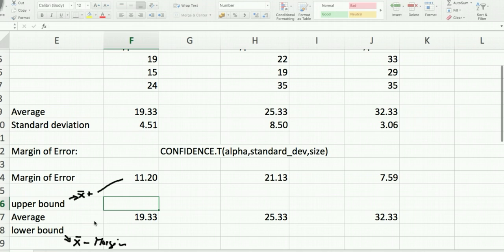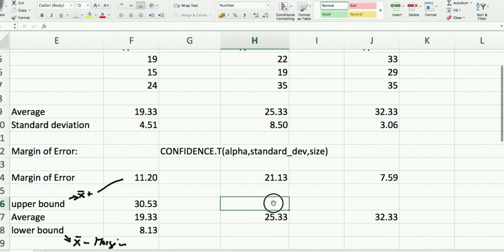So what we can do is here just simply we say for the upper bound we take the average plus the margin of error, and for the lower bound we take the average minus the margin of error. And we can do that for Wahid's samples.